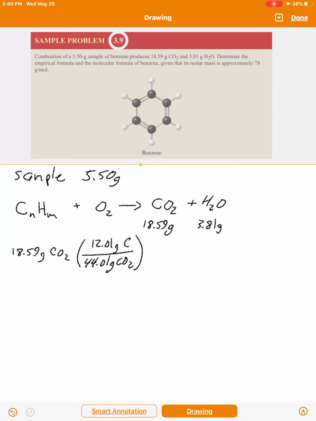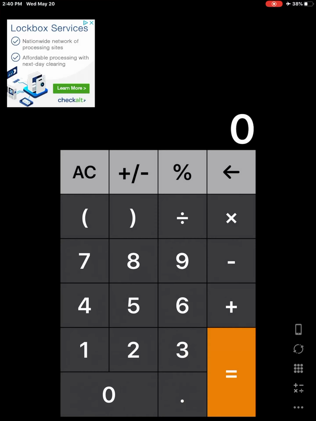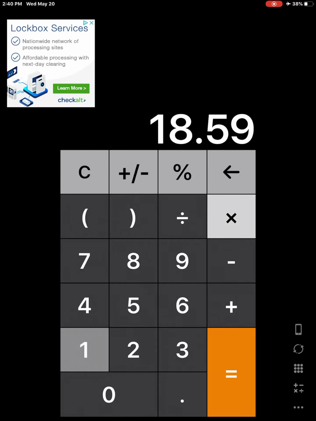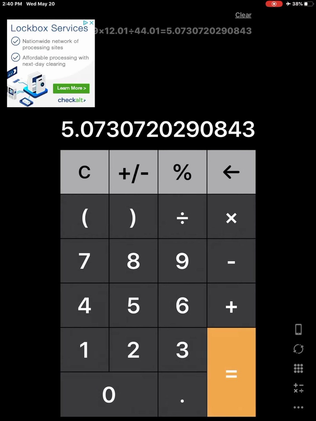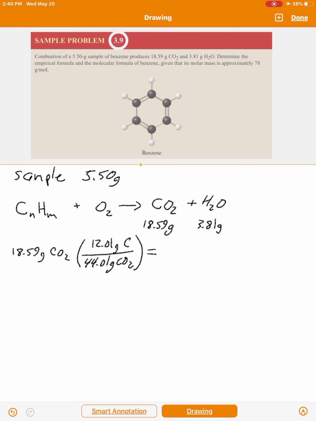By taking the mass of carbon dioxide that's produced in the reaction and multiplying it by the ratio of how much carbon weighs to how much the compound weighs, the molar mass of the compound, that will give us the mass of the carbon that was produced. So 18.59 times 12.01 divided by 44.01, and you get 5.073.